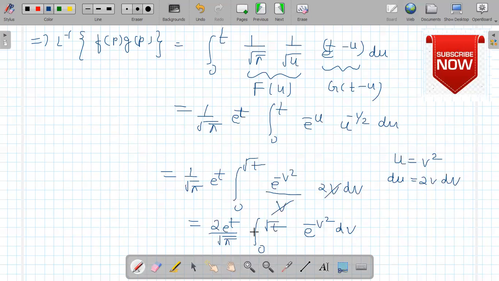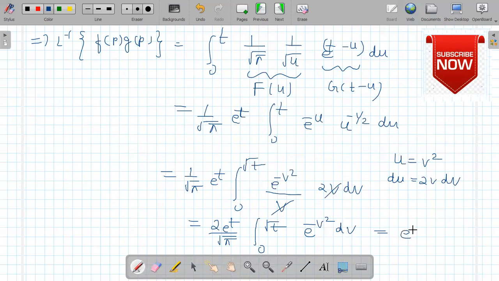If you look at this function, this is error function of square root of t, except this e raised power t. If you leave this, the rest of the expression is error function of square root of t.